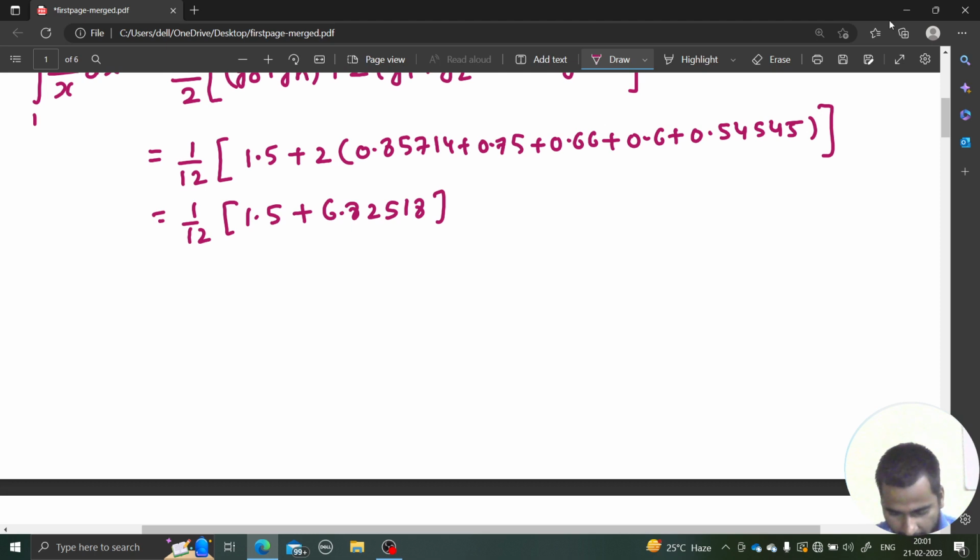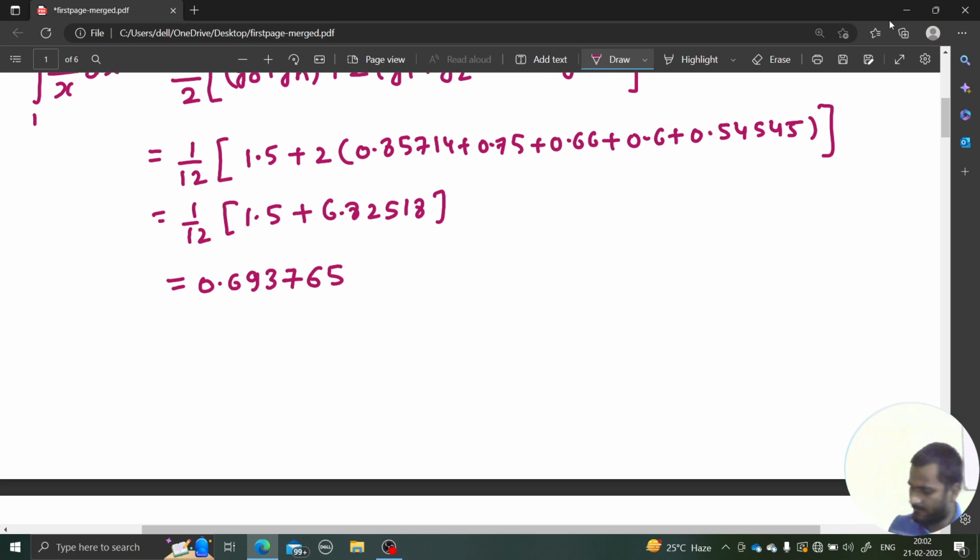So 1/12, and inside the bracket I have 1.5 plus 6.82518. So I am getting it to be equal to, I don't know whether it is correct or not, 0.693765.